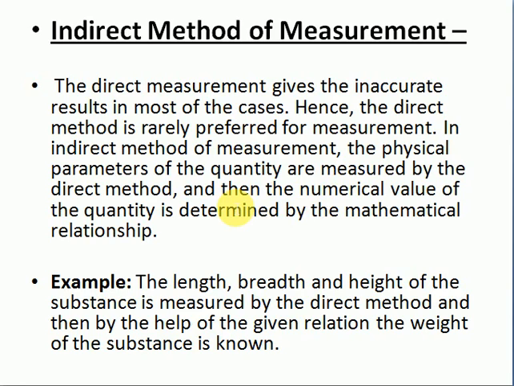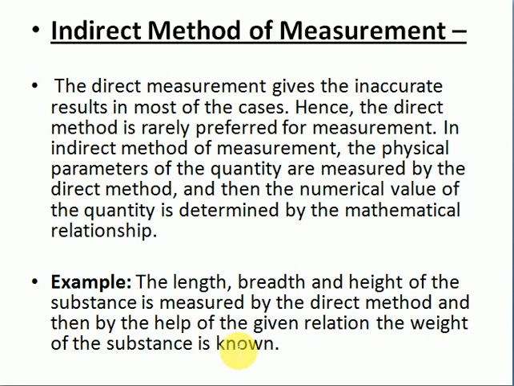Here is one example: the length, breadth and height of the substance are measured by the direct method, and then with the help of the given relation the volume of the substance is known. Volume is length into breadth into height, so we find it by the mathematical relation.